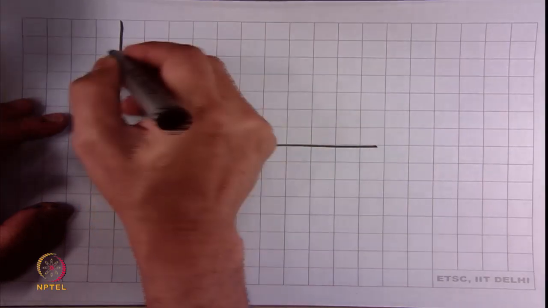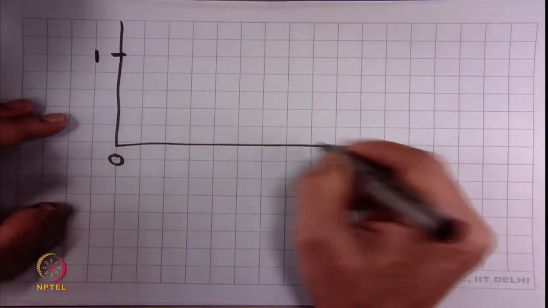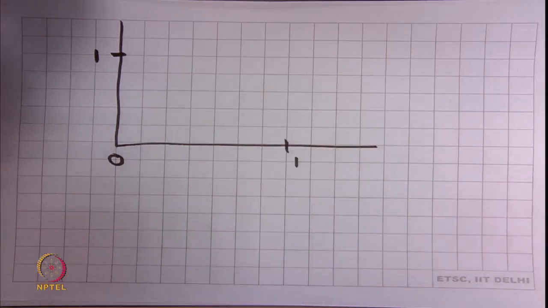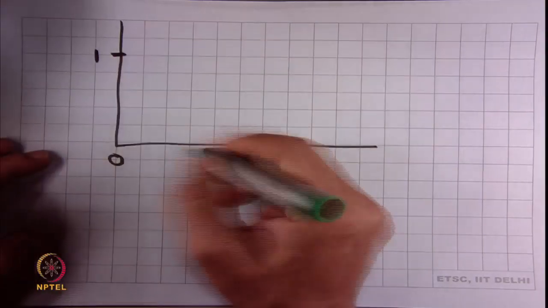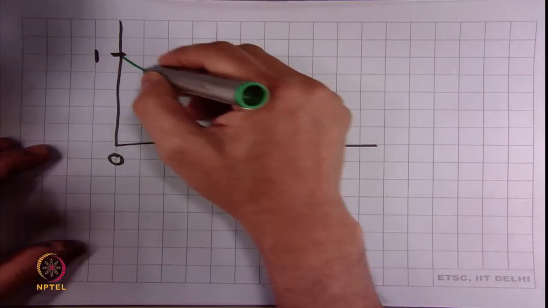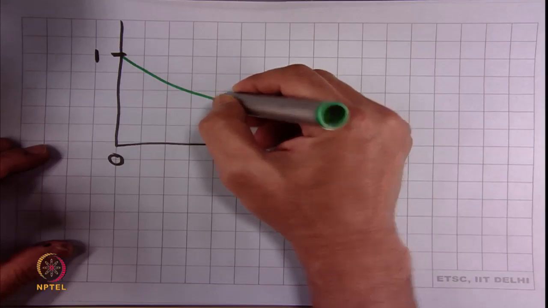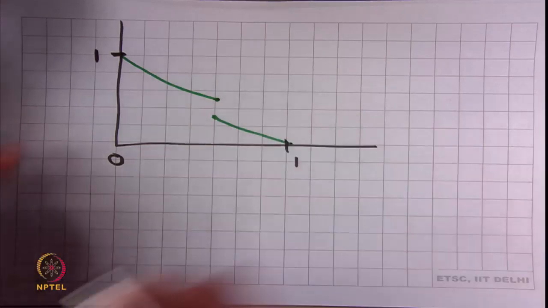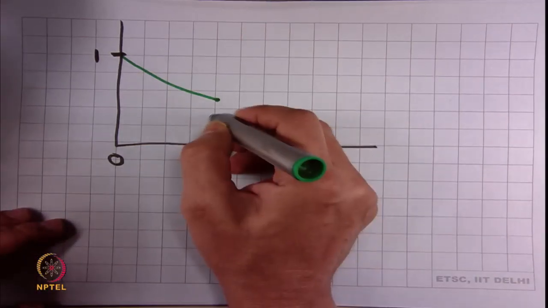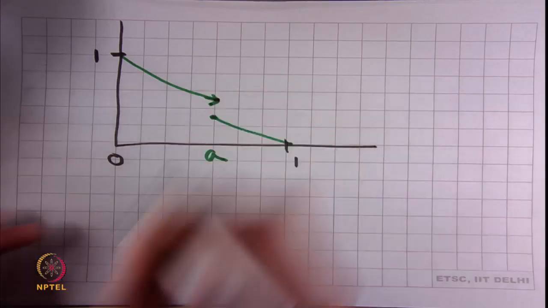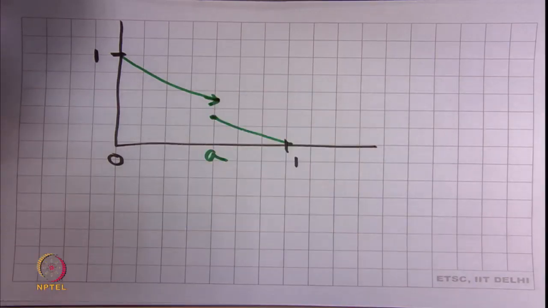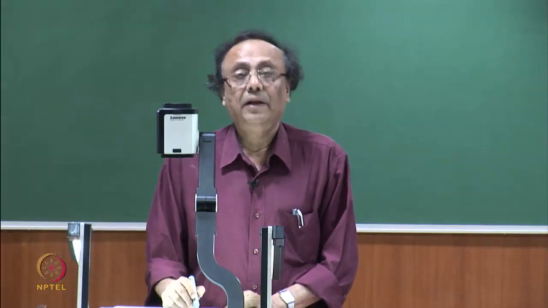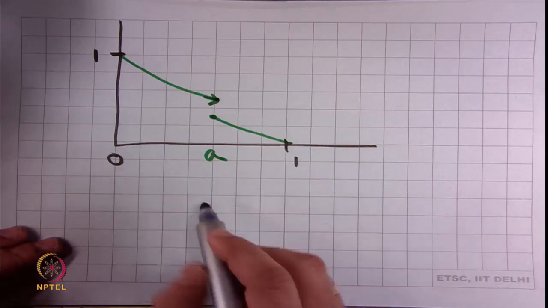At 0, it is 1, at 1, it is 0, and suppose A is a point of discontinuity. Therefore, we shall get such a type of picture if A is a point of discontinuity.